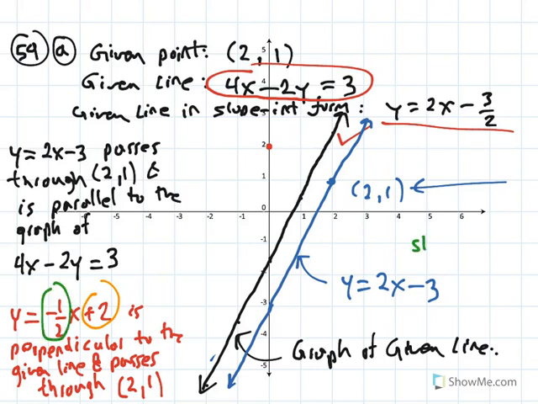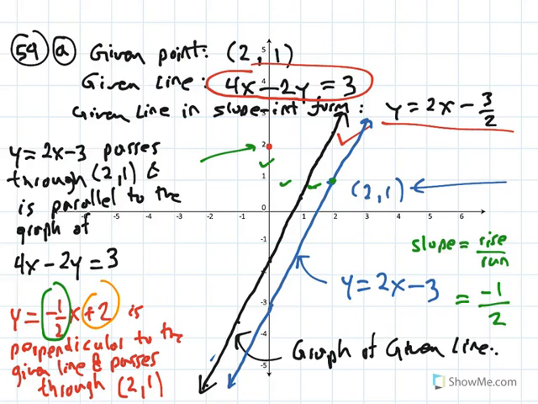And again, remember, slope is the ratio of the rise to the run. So if it's negative 1/2, the rise is negative 1, and the run is 2. So from the y-intercept, because the rise is negative, you will come down 1 unit, and the run is positive 2, so you will go to the right by 2 units. And when I do that, of course, I end up at the point 2, 1.